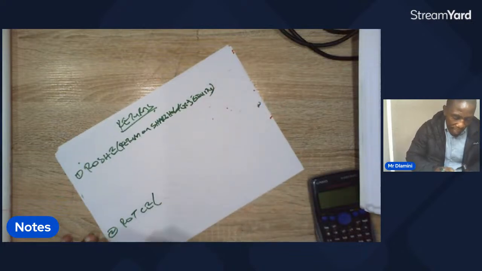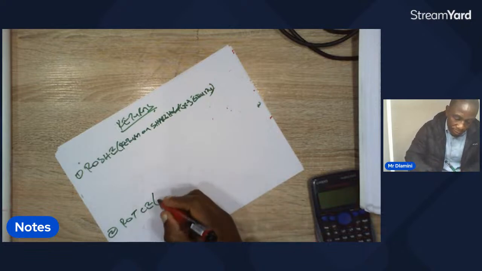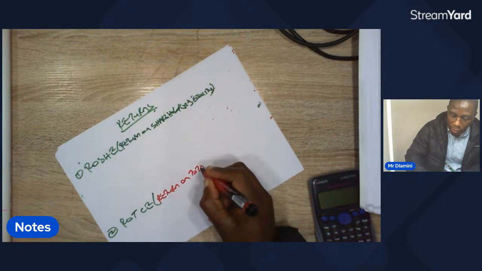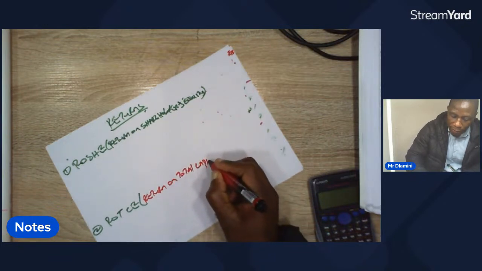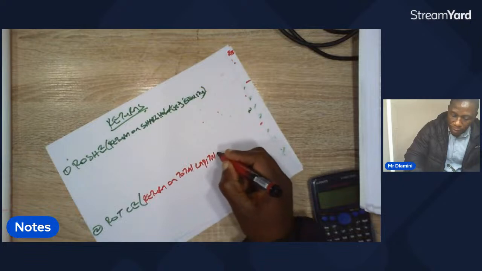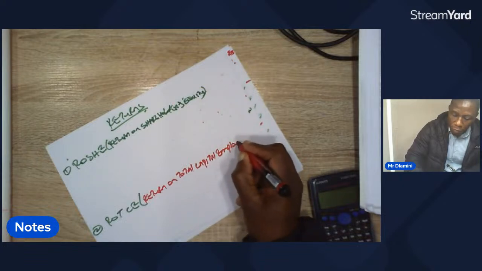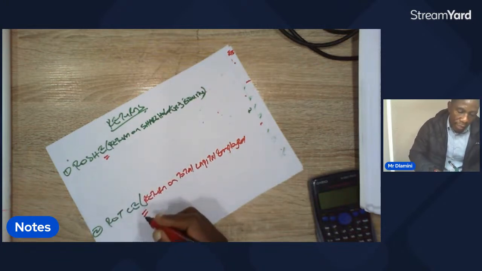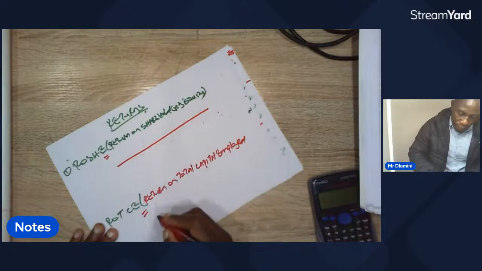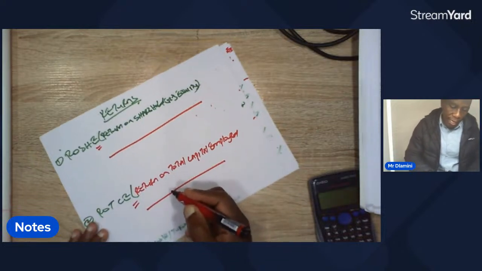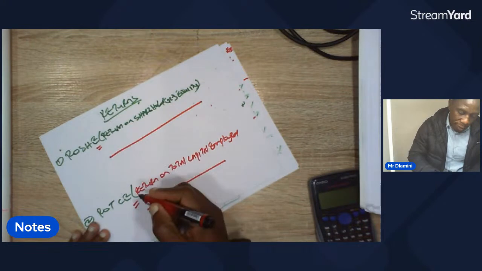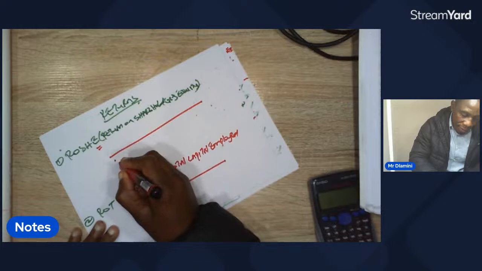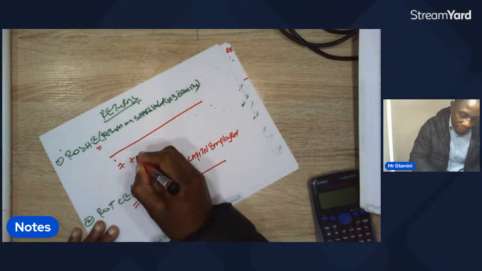And here we say return on total capital employed. So what is common about these two ratios? The denominator here is note number 7 plus note number 8.